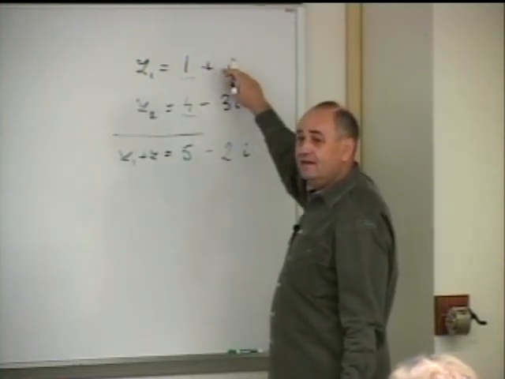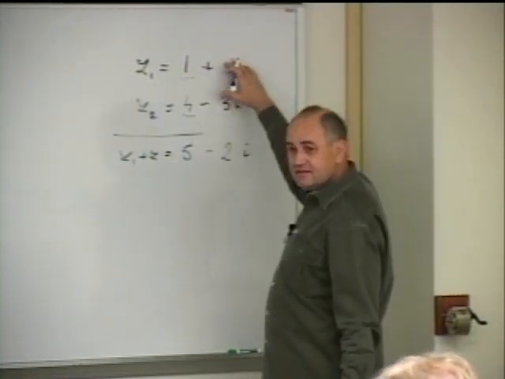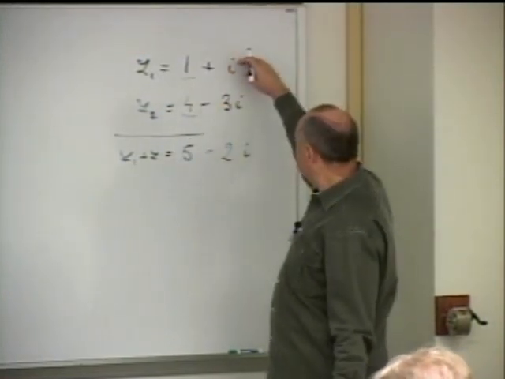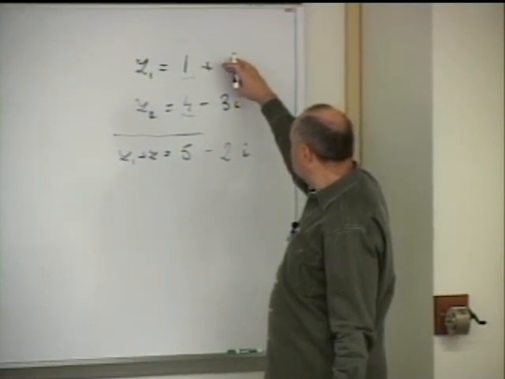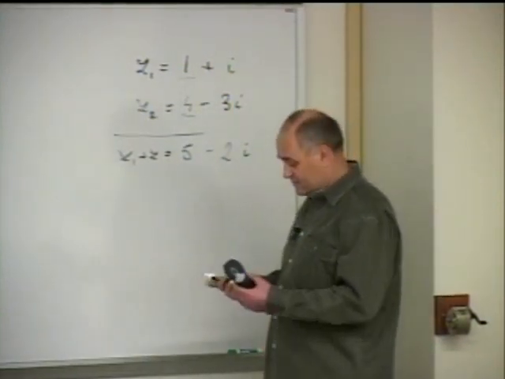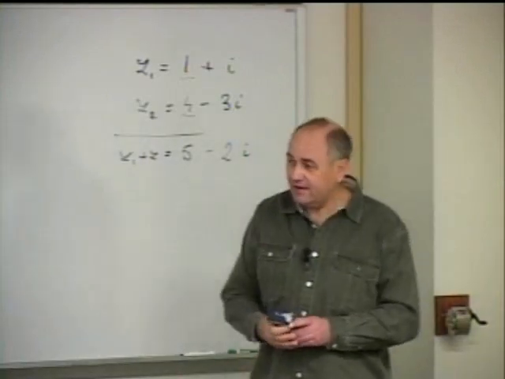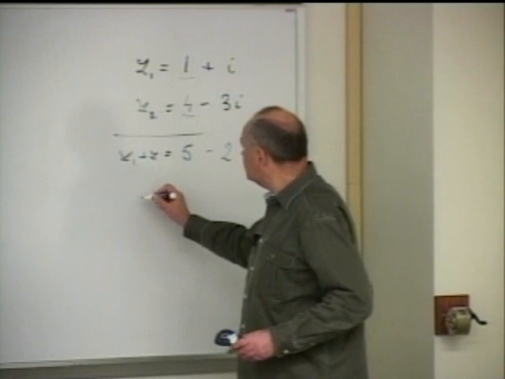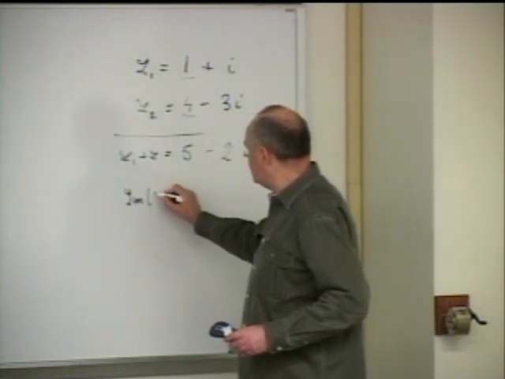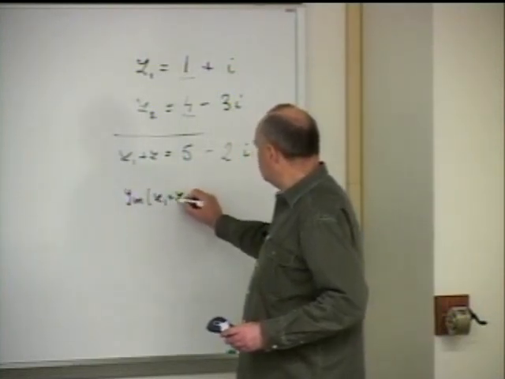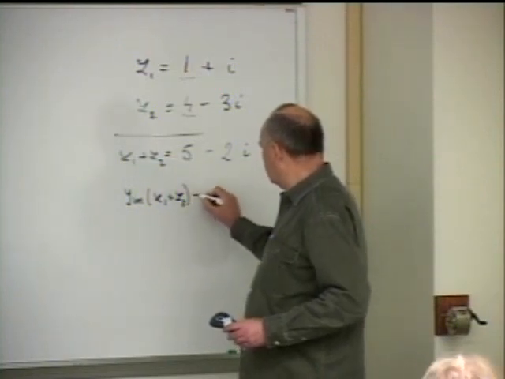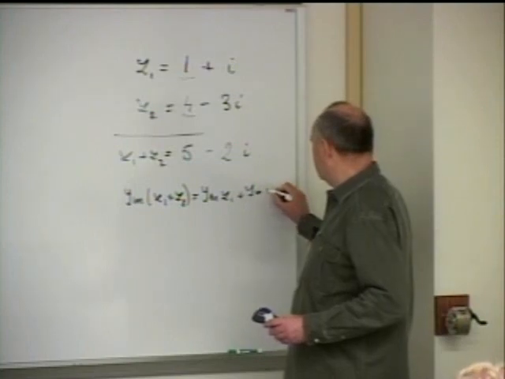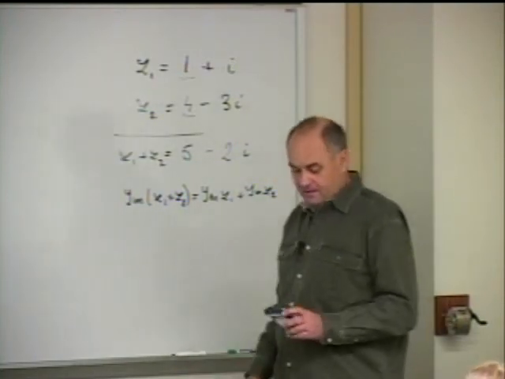Well, we added 1 and minus 3, right? So we are adding separately real parts to get the real part, and adding separately imaginary parts to get the imaginary part. All right. Yes, I could indeed write that the imaginary part of Z1 plus Z2 is equal to the imaginary part of Z1 plus the imaginary part of Z2.